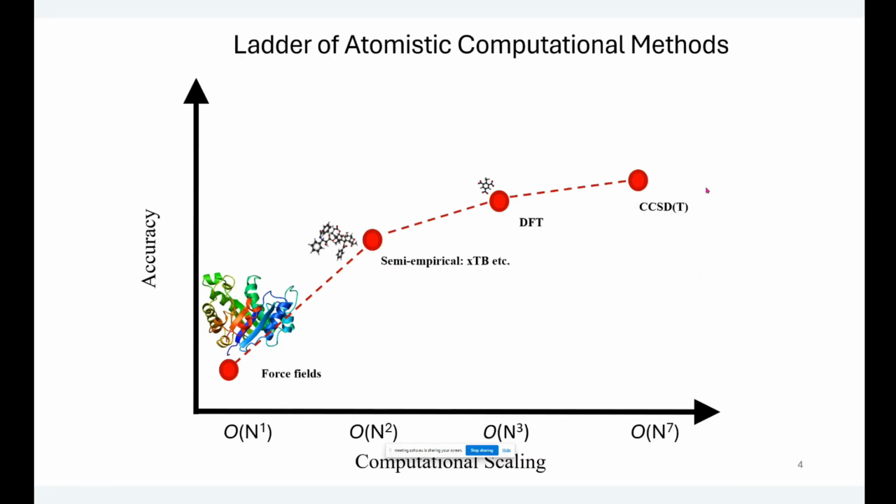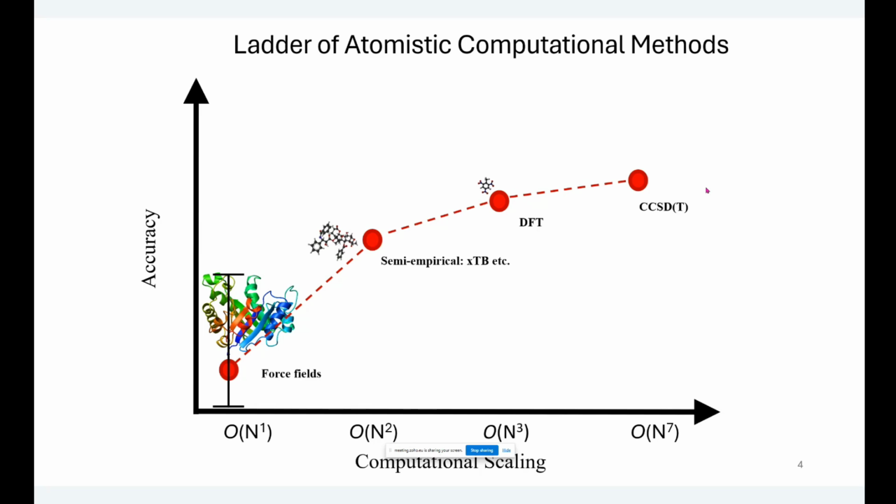I said what we're doing, and first why. Then I will say why we're doing this. You can imagine the standard trade-off between the cost and accuracy of computational methods that probably every one of you knows and is familiar with. There are also some limitations, like force fields are blazing fast. They might be accurate, they might not be.